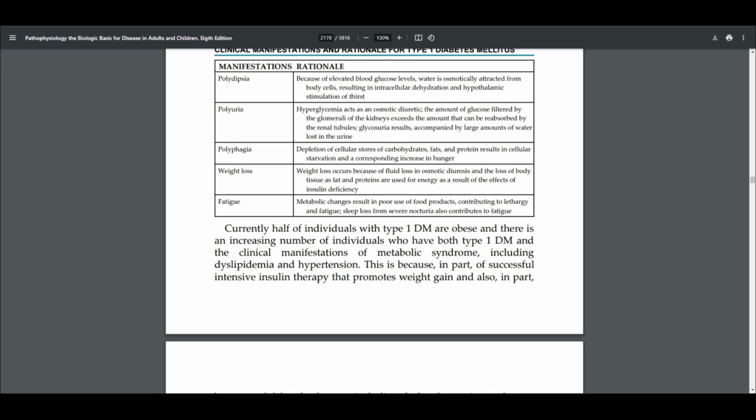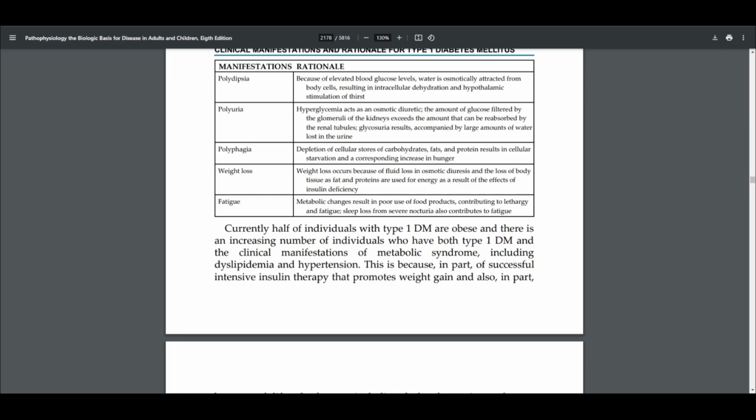Currently, half of the individuals with type 1 diabetes are obese, and there is an increasing number of individuals who have both type 1 diabetes and the clinical manifestations of metabolic syndrome, including dyslipidemia and hypertension.